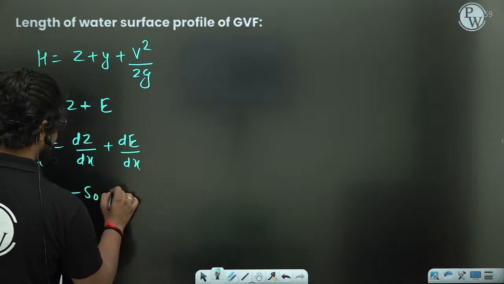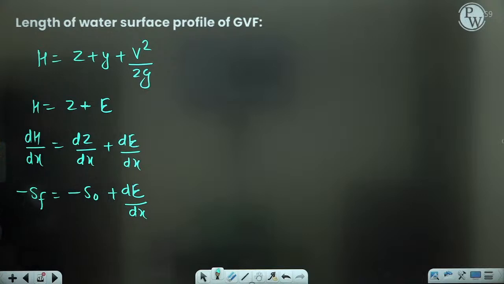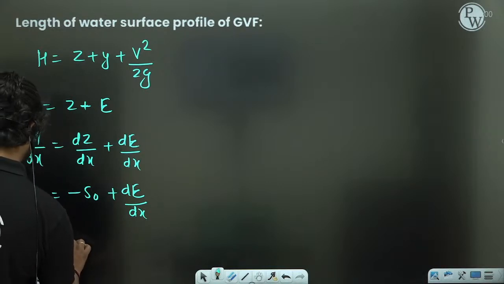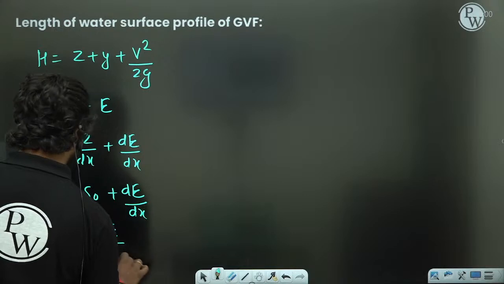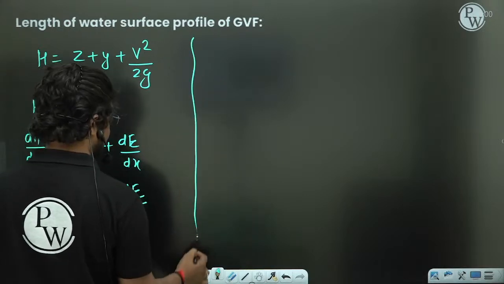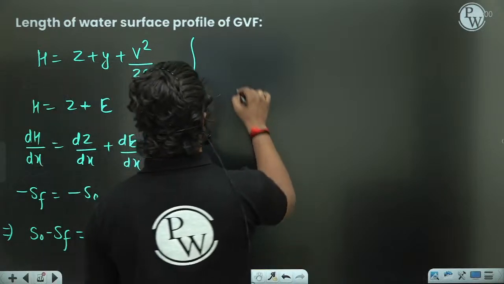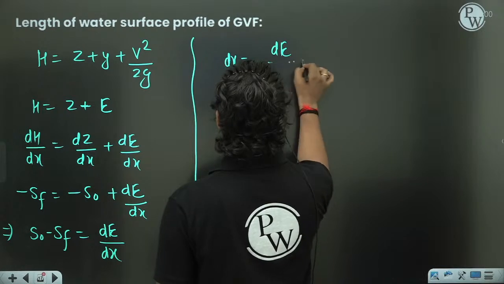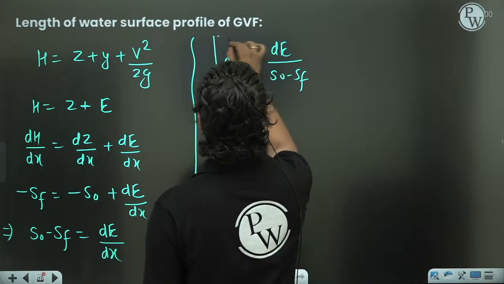And dz upon dx is minus S naught, plus dE upon dx. This I can write as S naught minus SF is equal to dE upon dx. I can write this in a different way: dx is equal to dE upon (S naught minus SF).